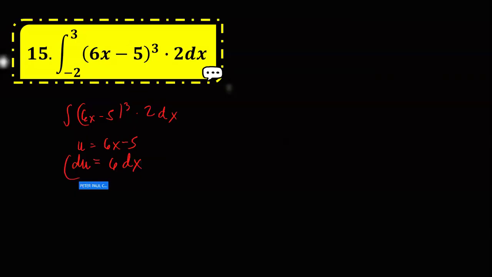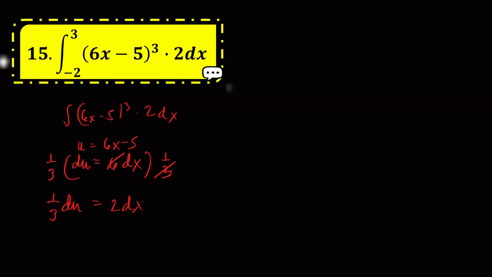Okay, let's multiply an integrating factor so that it becomes 2. So do you agree that we will multiply 1 over 3? So that when we cancel, this becomes 2dx. And this becomes 1/3 du.